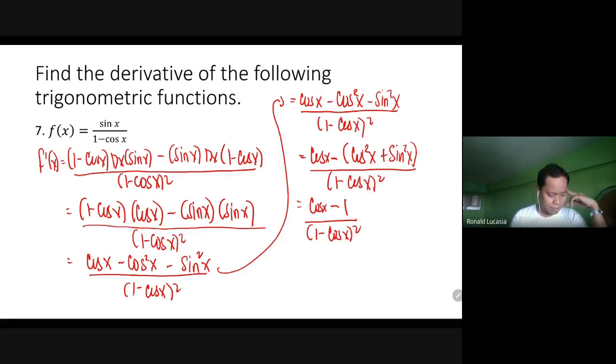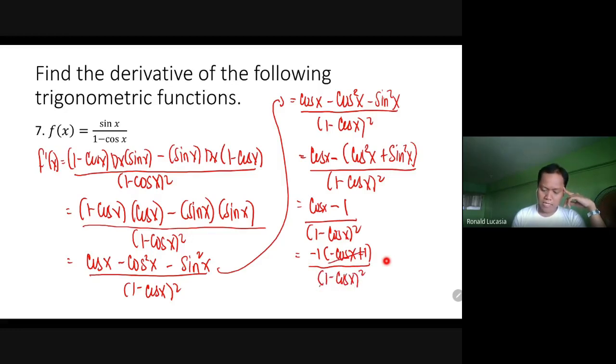Pwede ko siyang ma-factor, ilalabas ko yung negative nito. So ito ay magiging negative cosine x plus 1. Yung numerator, pinactor ko, nilabas ko yung negative 1 over 1 minus cosine x quantity squared.